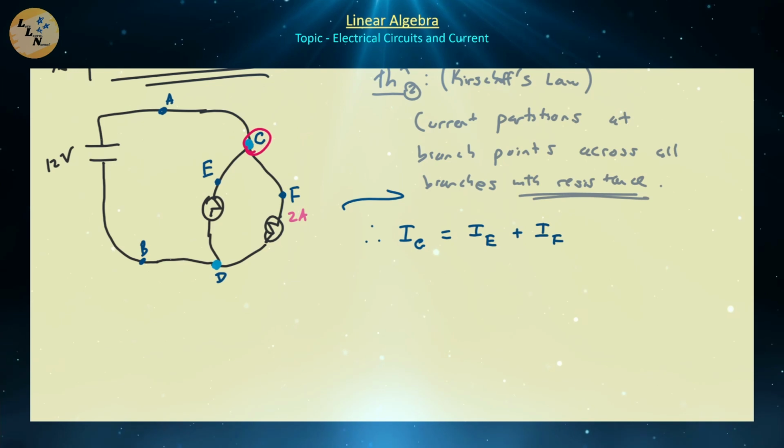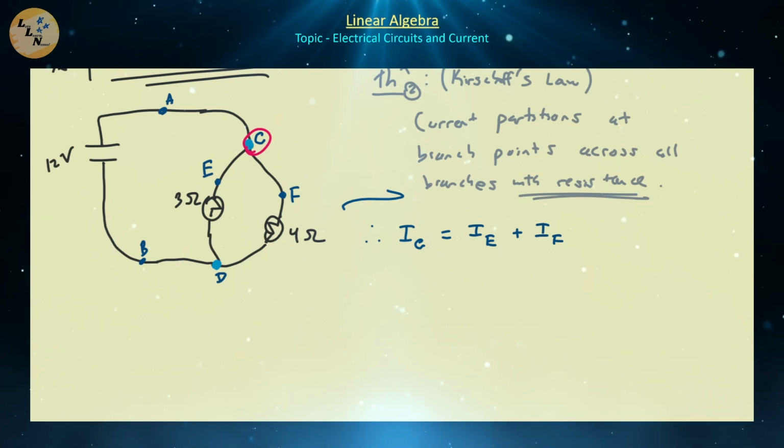Now I'm going to give us some numbers to work with here. Let's assume that this left resistor is 3 ohms, and let's assume that this is 4 ohms. Now take a guess. What current is going to be larger? Is it going to be the one with the larger resistance or the one with the smaller resistance?